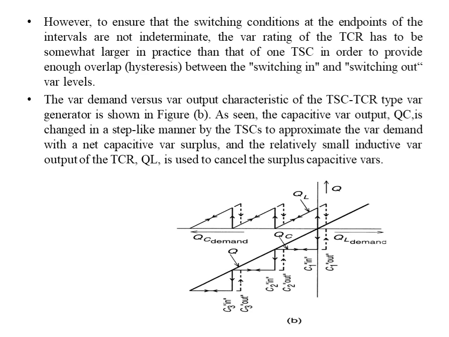As seen, the capacitive VAR output QC is changed in a step-like manner by the TSCs to approximate the VAR demand, with a net capacitive VAR surplus, and the relatively small inductive VAR output of the TCR, QL, is used to cancel the surplus capacitive. So the net will be Q equal to QC max minus QL.